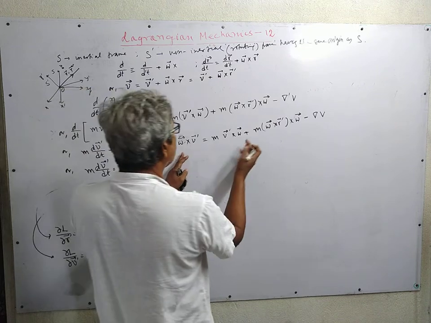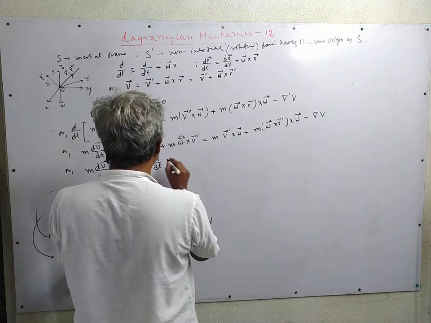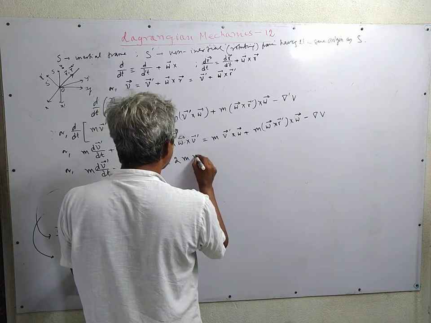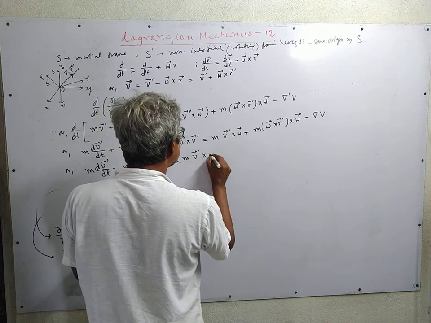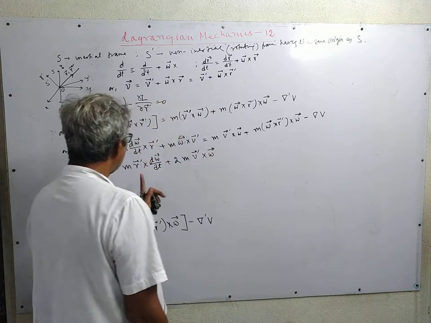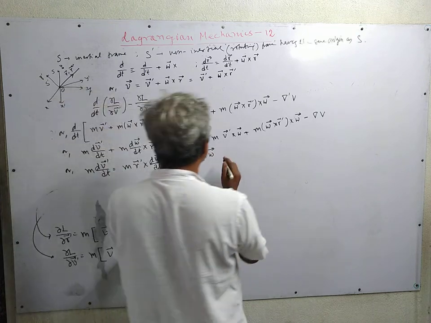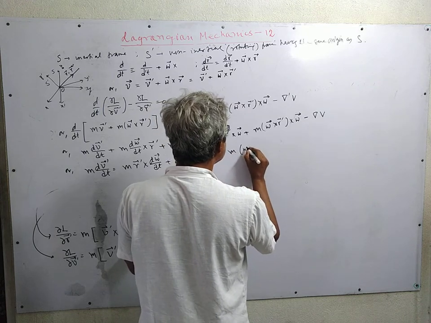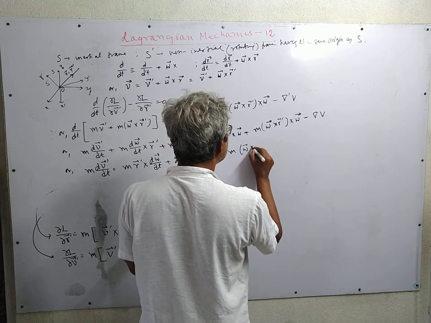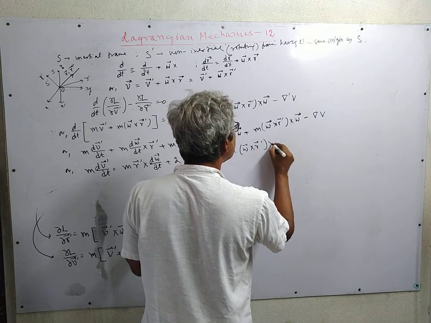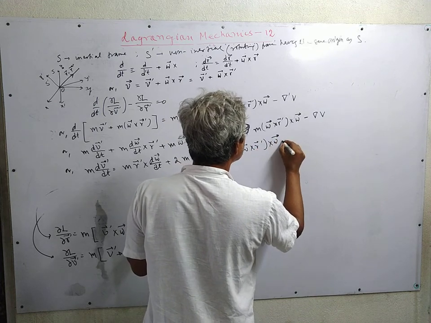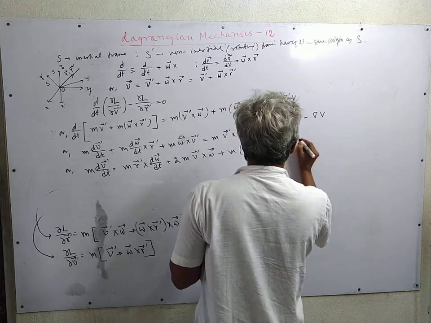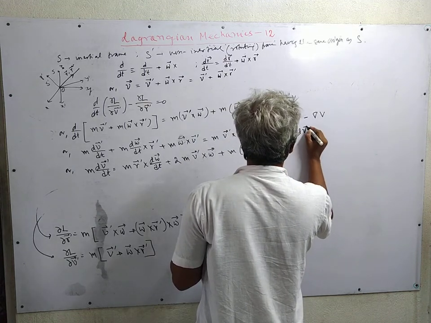This term is taken on the other side and we change the ordering, so this is m v' cross ω, the Coriolis force. This is the Euler force, the Coriolis force. This is the centrifugal force. This is the inertial force, m dv/dt.